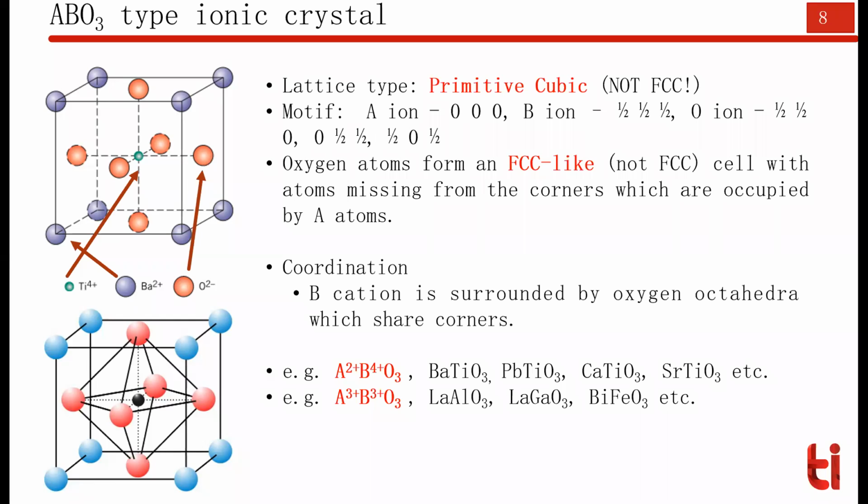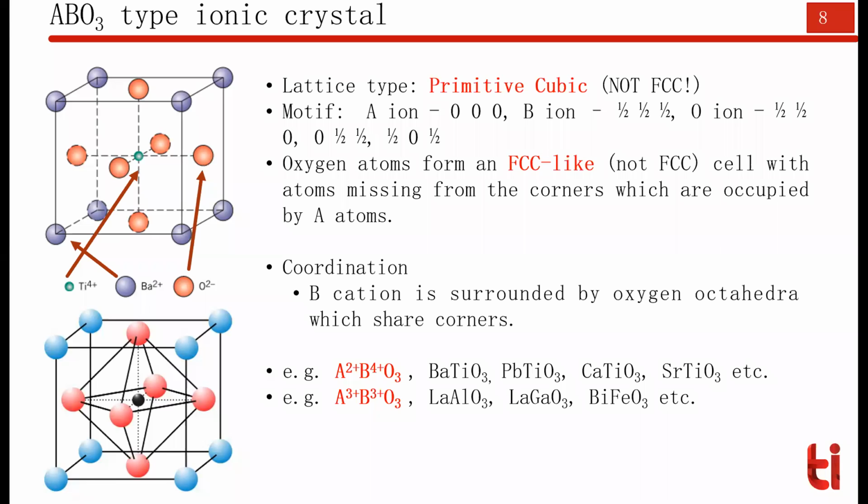Morning class. In yesterday's lecture, we were discussing the ABO3 type of ionic crystals. ABO3 type of ionic crystals are also popularly known as the perovskite crystal structure.